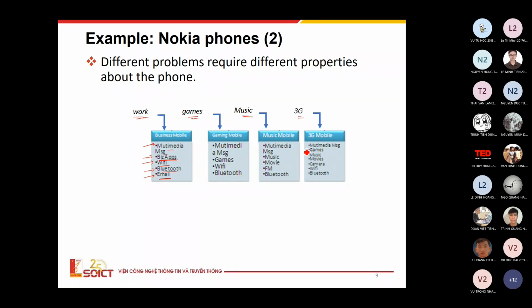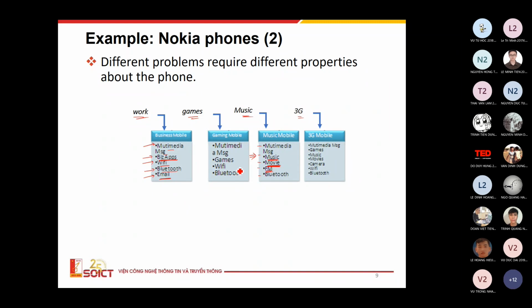Differently, for example, when you want to describe this phone, the same phone, but in a music problem, maybe there will be a different property. For example, your phone can be used to see a movie, to listen to music, or to listen to the FM.